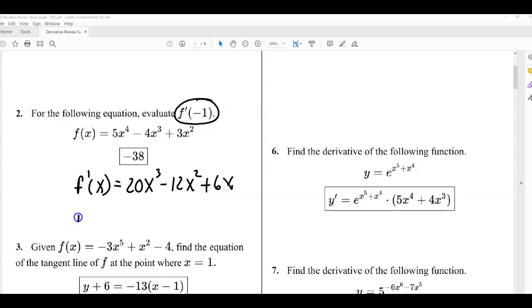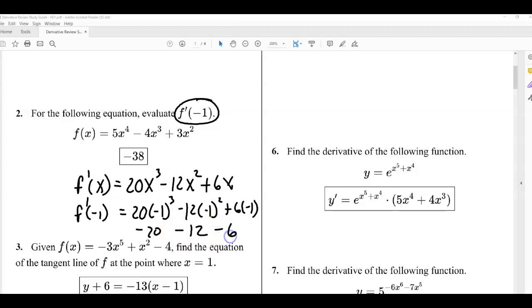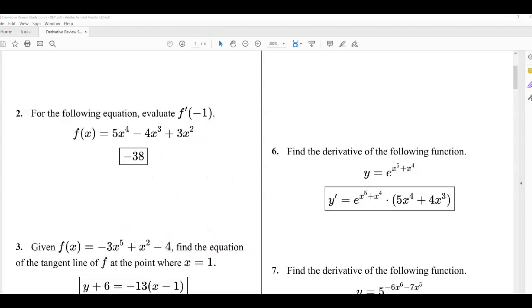And then to find f prime of -1, we're just going to plug in -1. So this is going to end up being -20 minus 12 minus 6. Putting all 3 of those together, we end up with -38.